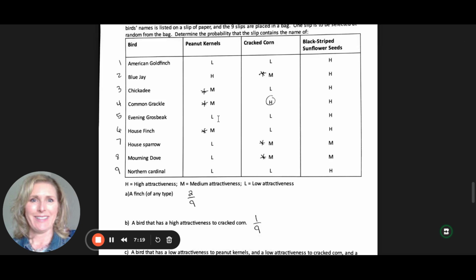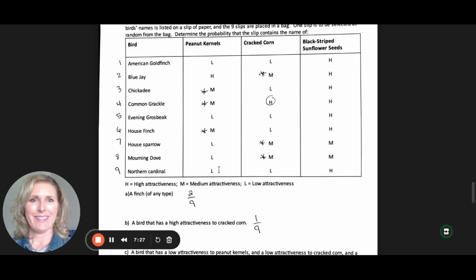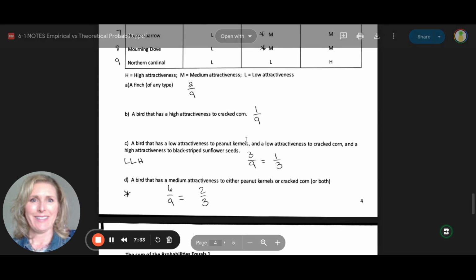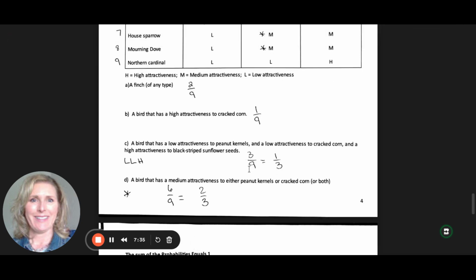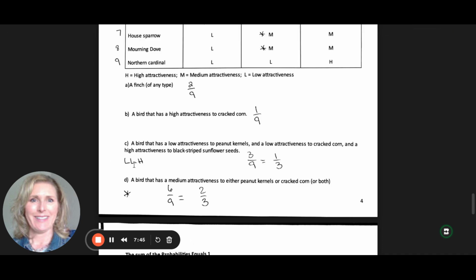This grosbeak has an LLH combination. And this northern cardinal has an LLH. And so I found 3 of them out of the 9 birds. And when I reduced that, there was a 1 in 3 probability that I will have a bird that meets this criteria to the food.